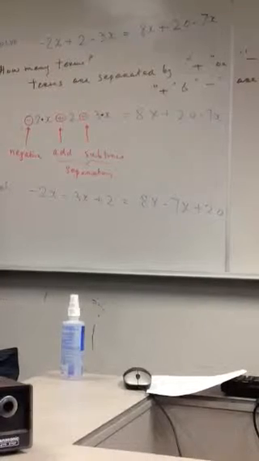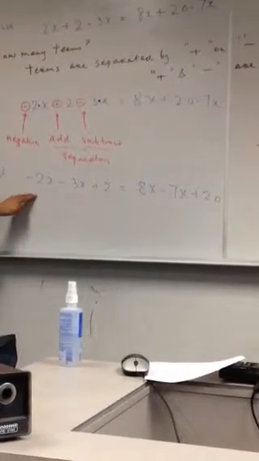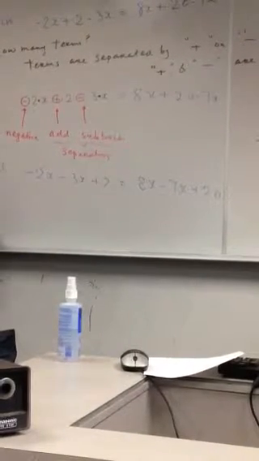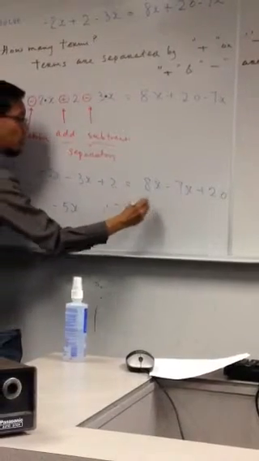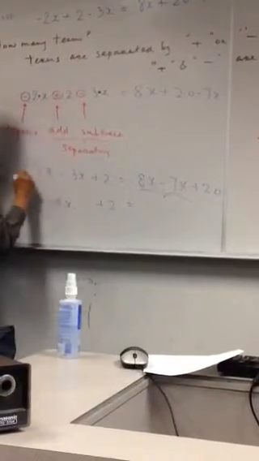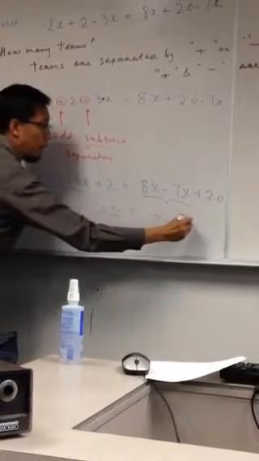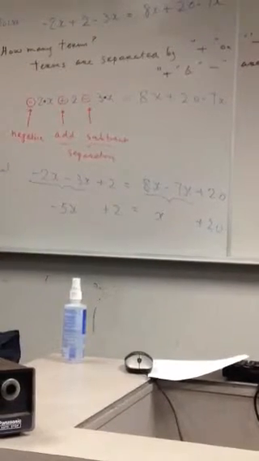How many x do we have? Negative 5x. You start with the negative numbers, you subtract more, so it's going to be a negative 5x. And then we add 2 equals, these two can combine just like these two can combine. 8x minus 7x is a single x plus 20. That's what we call grouping the like terms.